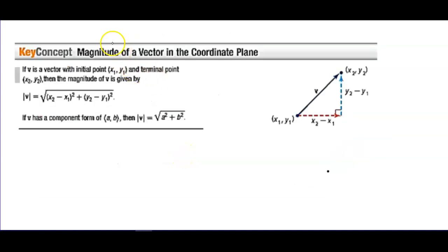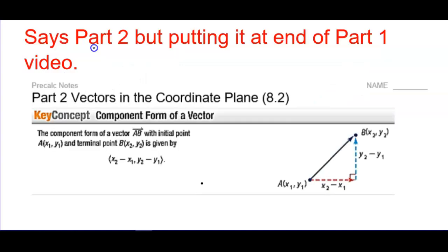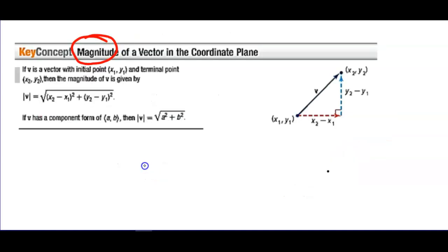The second thing is that if you know the component form, which is what we were finding here, given an ordered pair with regular parentheses, we were finding the component form, how much x it was pulling and how much y. That's why I had the little bracket things there.